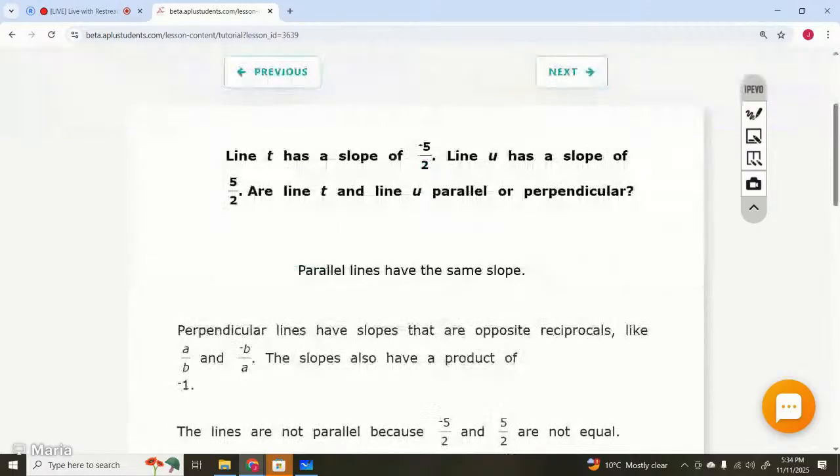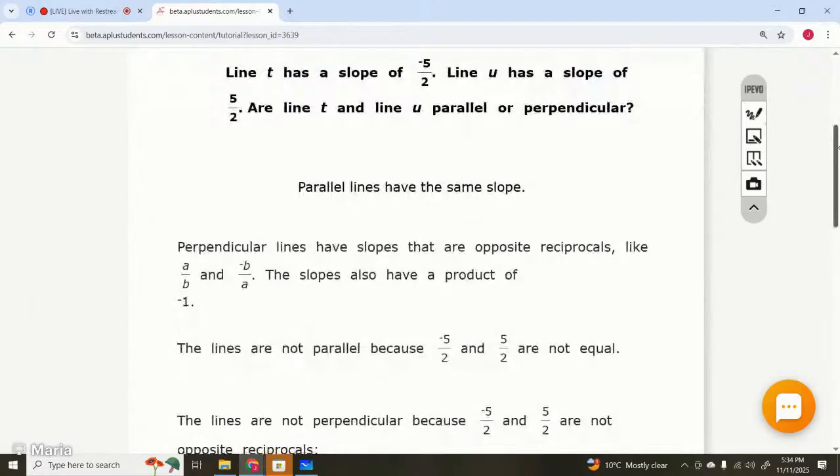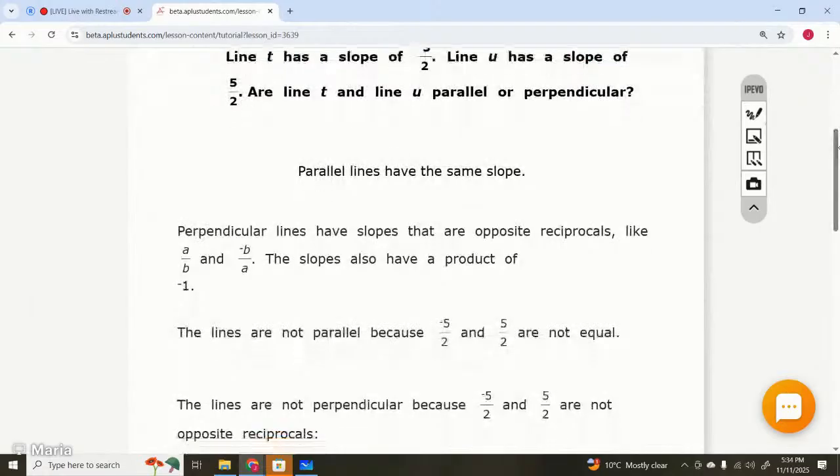Line T has a slope of negative 5 by 2. Line U has a slope of 5 by 2. Are lines T and U parallel or perpendicular? If two lines are parallel, they have exactly the same slope, right? And if two lines are perpendicular, their slopes are negative reciprocals.